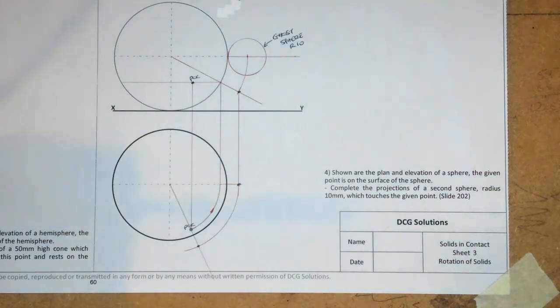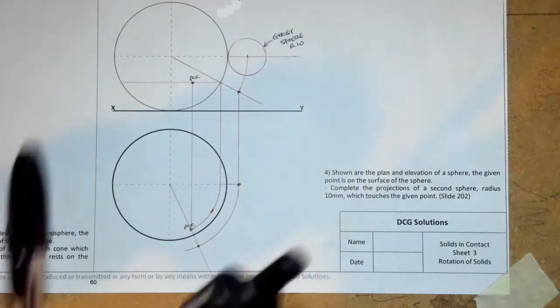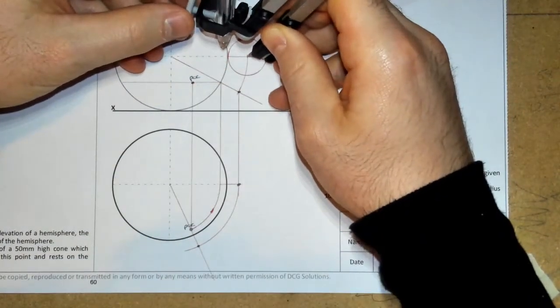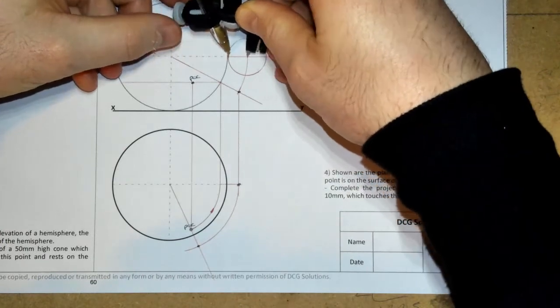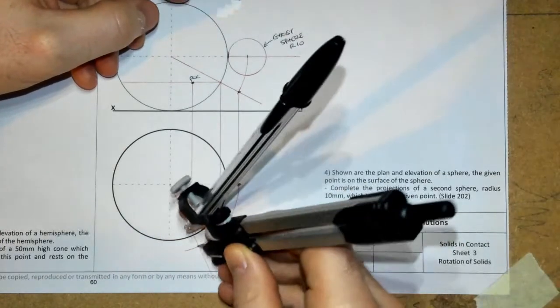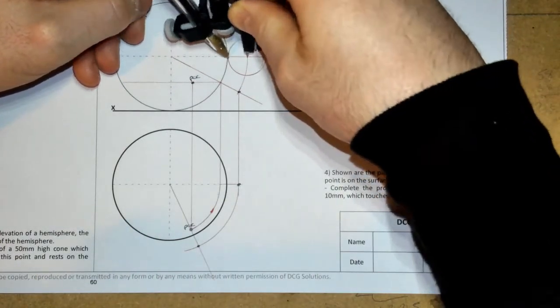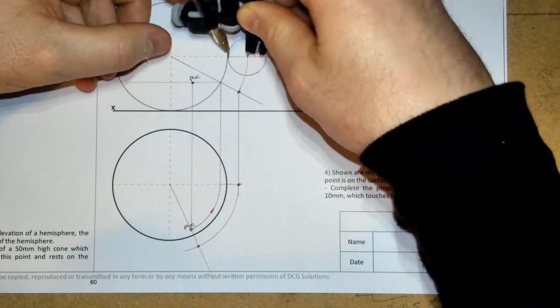I'm going to draw that in now as best I can once again, so please bear with me. So take the same radius here. Make sure that's the right radius. I'm happy with that, a little bit bigger.